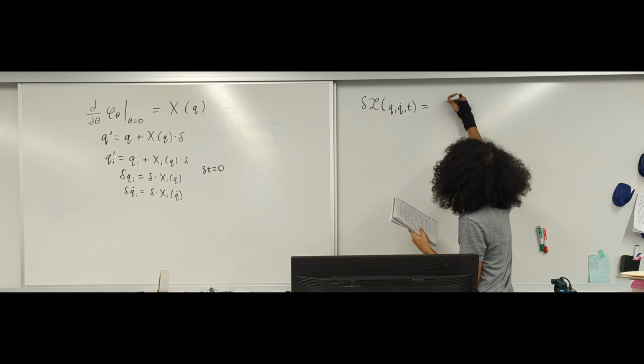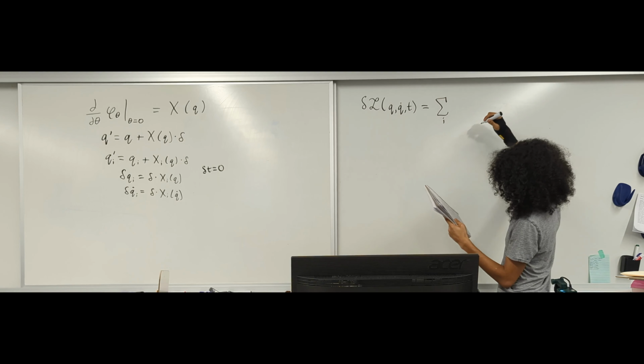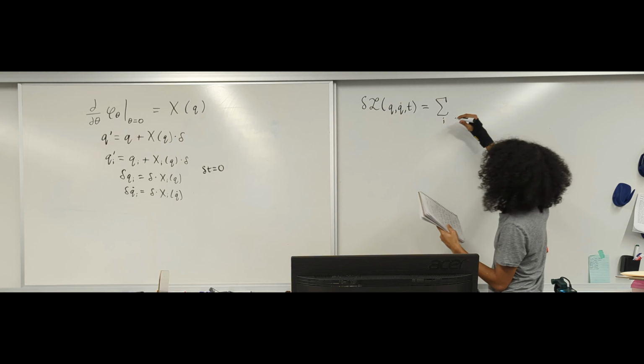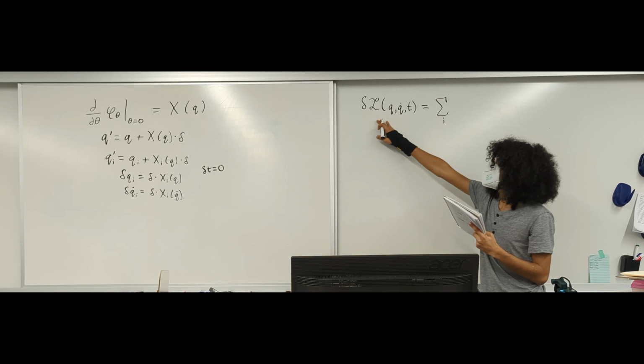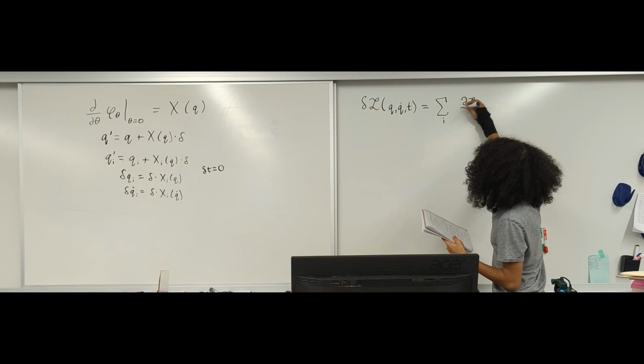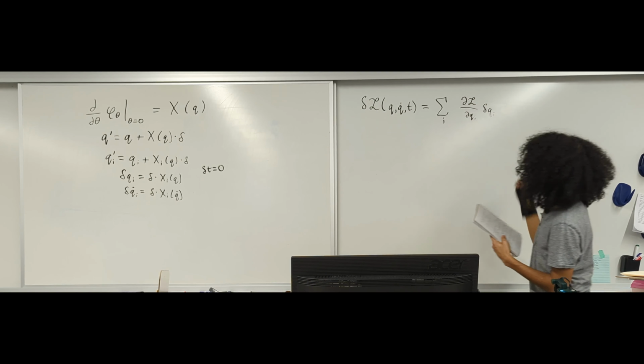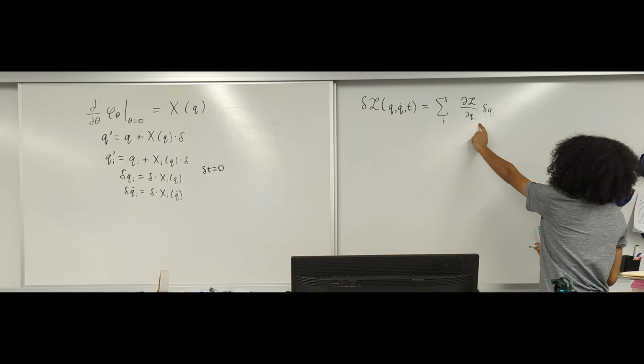So for each degree of freedom, the change in the Lagrangian that happens due to changing the position will be dL by dqi times delta qi. This is essentially what the derivative means.